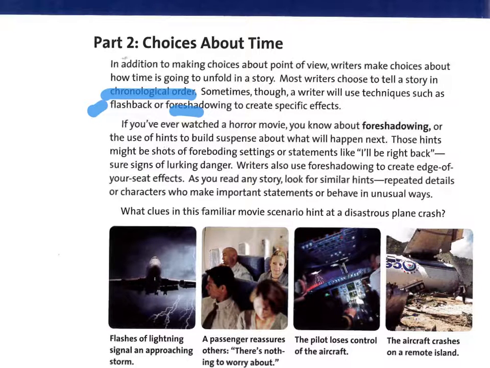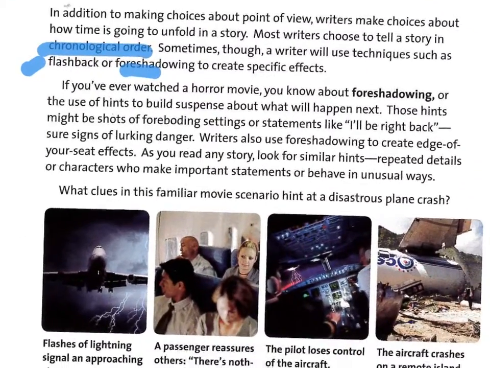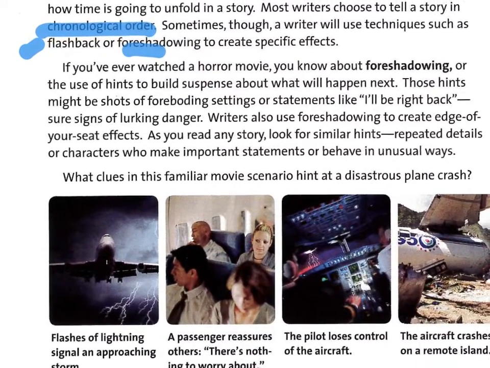If you've ever watched a horror movie, you know about foreshadowing, or the use of hints to build suspense about what will happen next. Those hints may be shots of foreboding settings, foreboding meaning scary, or statements like, "I'll be right back." Okay, so when a character in a scary movie says, "I'll be right back," you're thinking, no, you won't.